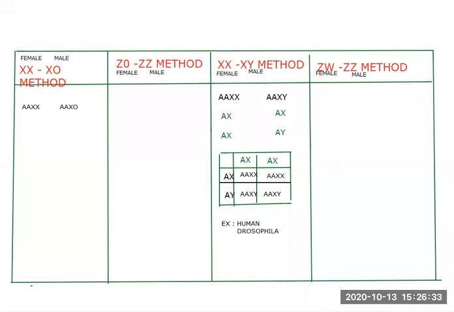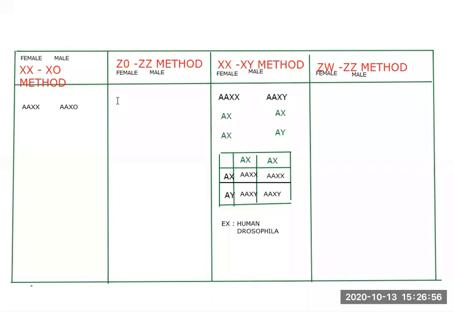Do you know how many chromosomes are present in a human being? We said human XX-XY method. Let me say there are 46 chromosomes in the human being.